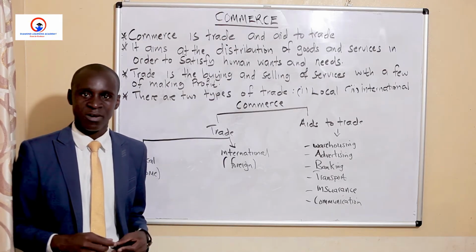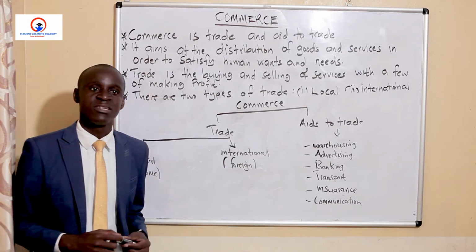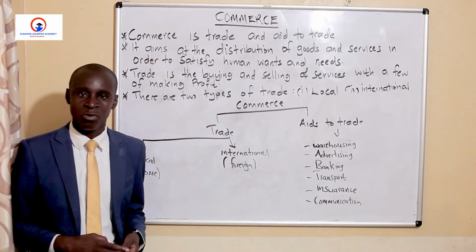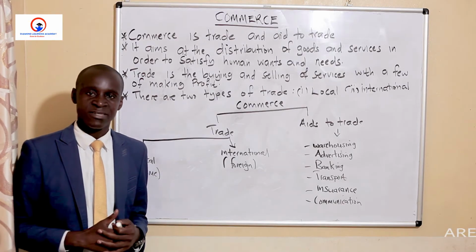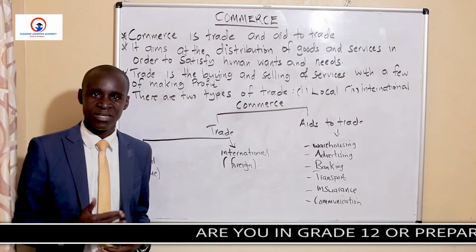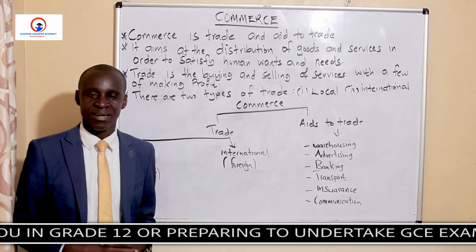So let's also look at international trade. International trade is simply trade between countries. In short, we're talking about a cross-border transaction, a cross-border type of business. Zambia is trading with Zimbabwe, Zambia is trading with Tanzania, Zambia is trading with the other surrounding countries and nations.